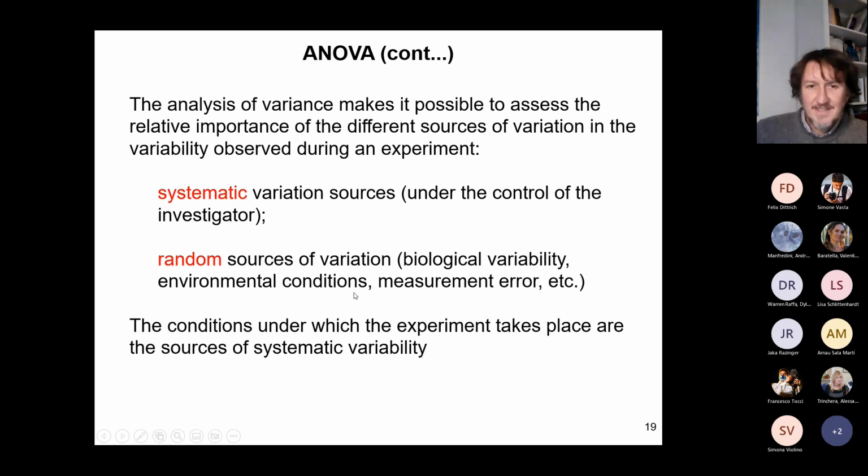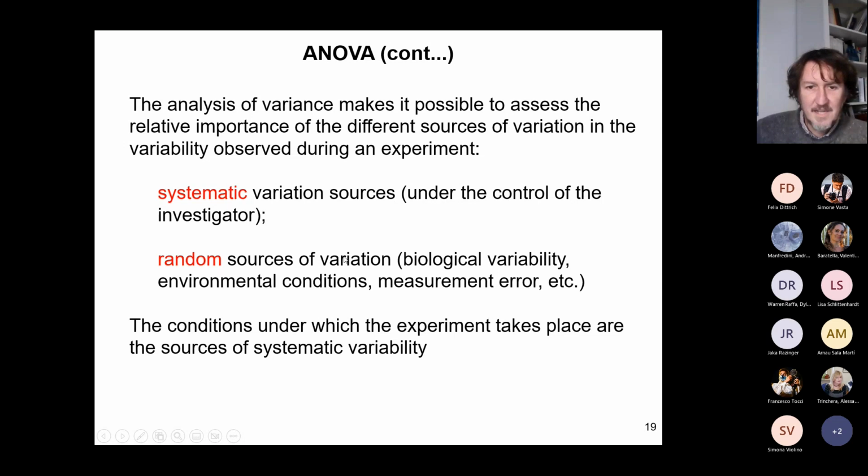We have, as we said before, two kinds of variation. The one is systematic, under the control of the investigator, such as differences of weight of the three cultivars, and the random source of variation that is due to the biological variability and the environmental conditions. So signal versus noise.